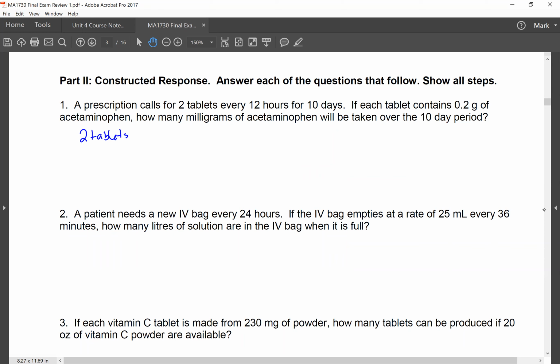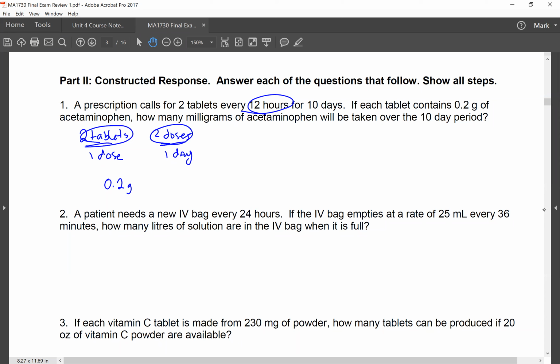I guess I can write that as a fraction. We are also taking 2 doses per day. Oops, sorry about that. And each tablet contains 0.2 grams. Now we can convert that to milligrams later, and we're doing this for 10 days. The goal here is to figure out how many tablets we're going to take.